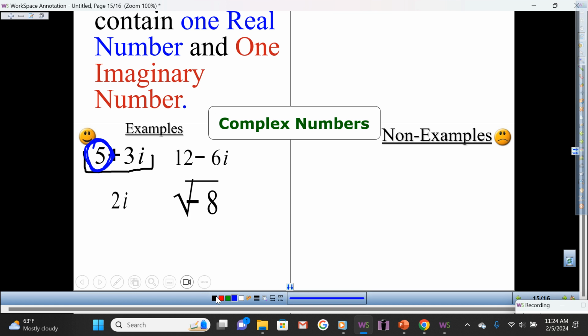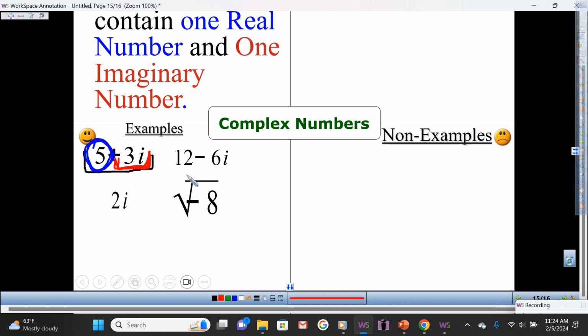I'm going to do that in blue. And 3i is the imaginary. How did she know that it was imaginary? Martin, how did she know? The i. All right. So, with that said, I'm pretty sure this is obvious, yes?